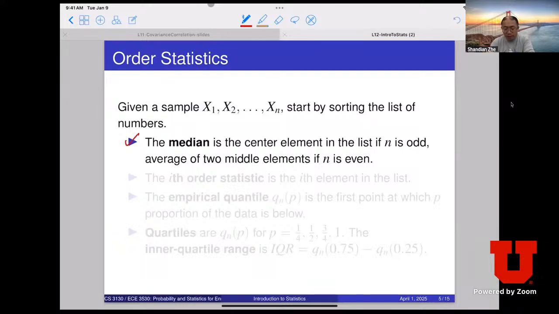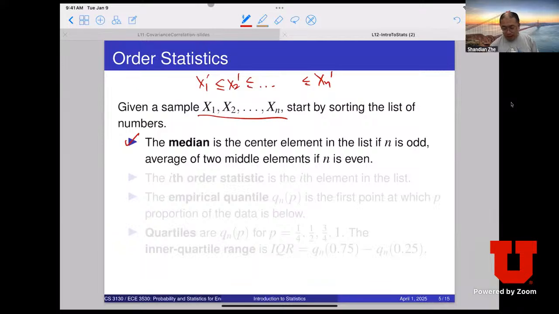So what is the median? You have x1, x2 to xn, which are random variables. Now I want to sort them according to their values, and after sorting, I denote them as x1 prime less than or equal to x2 prime, less than or equal to, and so on, up to xn prime.